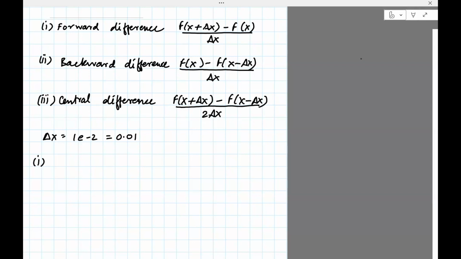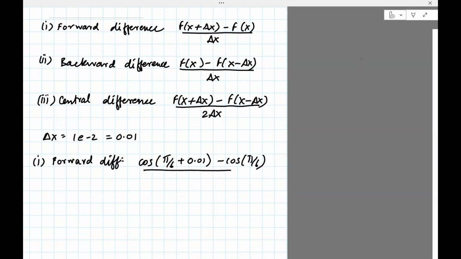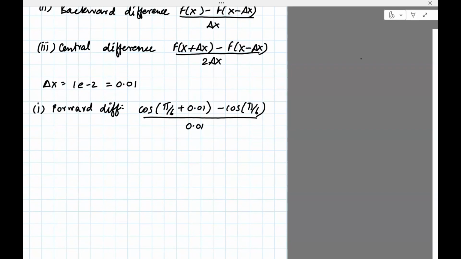So one, forward difference. We need to do cosine of pi by 6 plus 0.01 minus cosine of pi by 6 divided by 0.01. That's my forward difference formula.